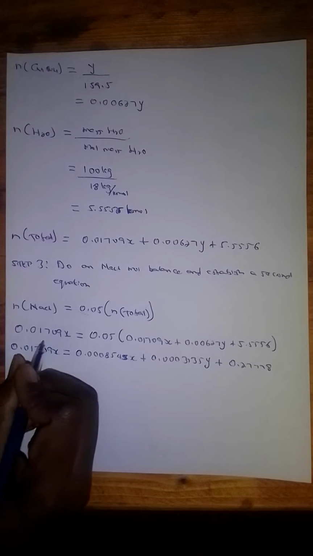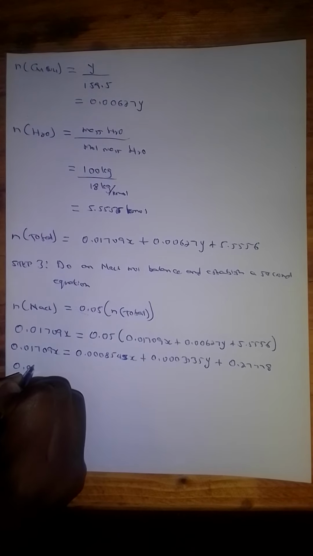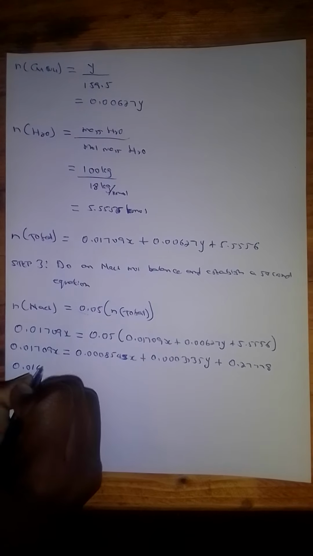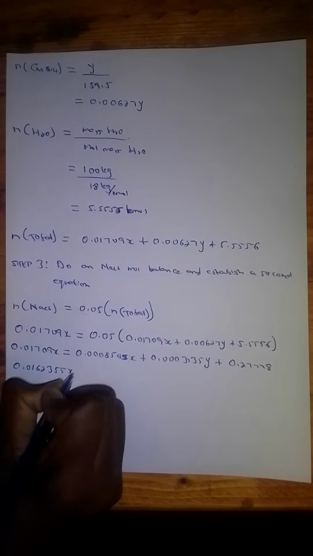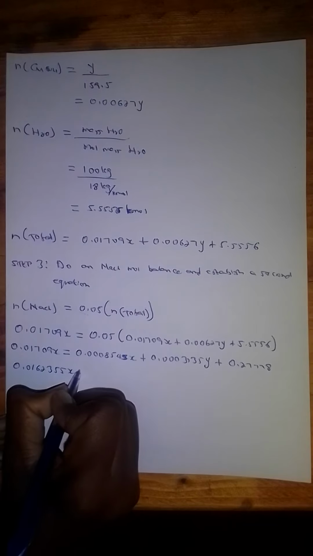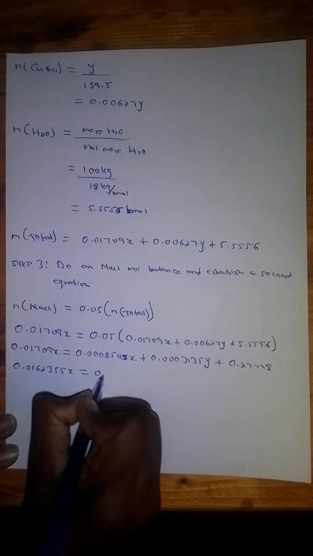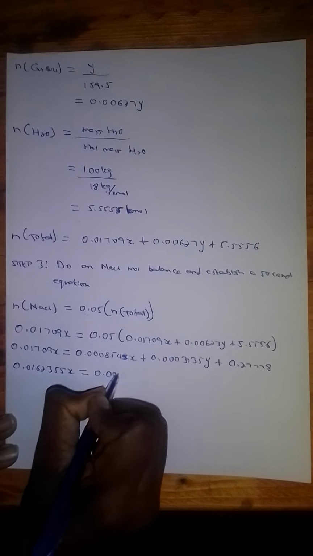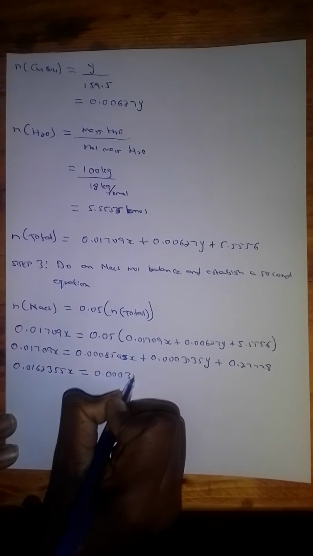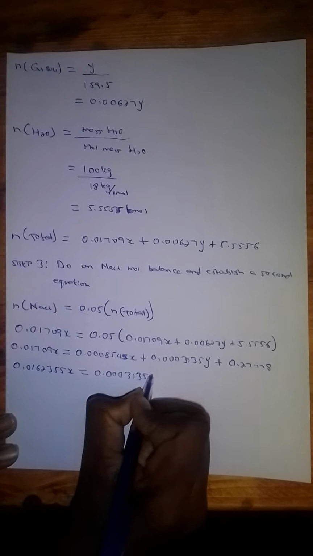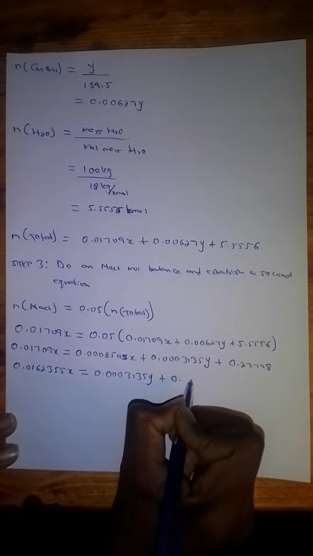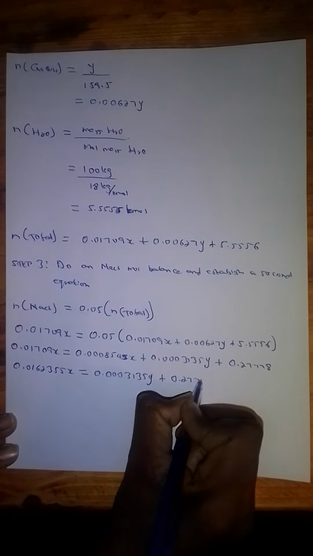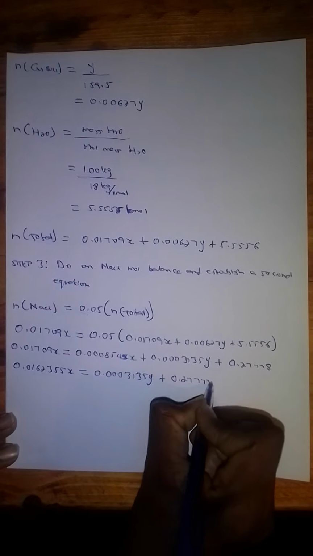So when you bring it over, you get 0.0162355x equals 0.0003135y plus 0.27778.